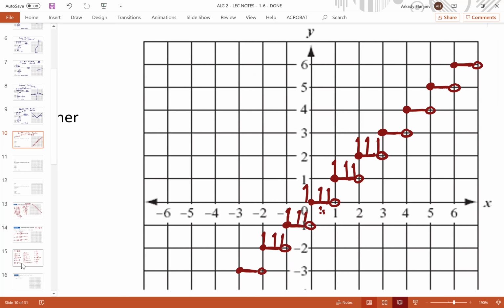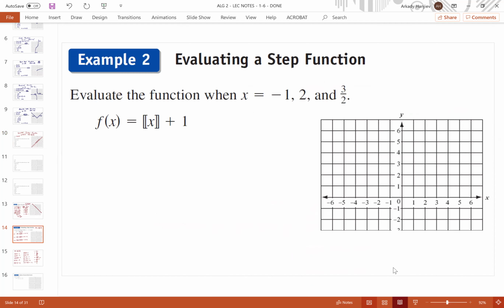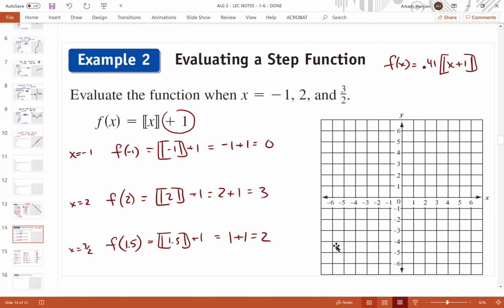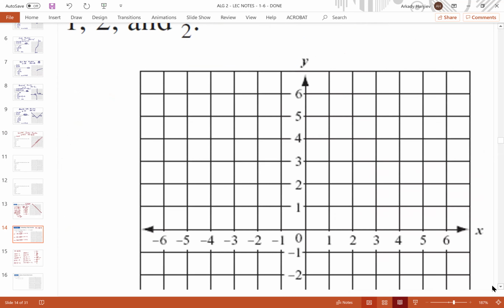And so if I were to graph this, I would take this function. So we start off at 0, 0. Notice that we went up to 1 and we did an open dot over here. Sorry, let PowerPoint catch up over here. There it is. Now let's do our graph here. So greatest integer plus 1.